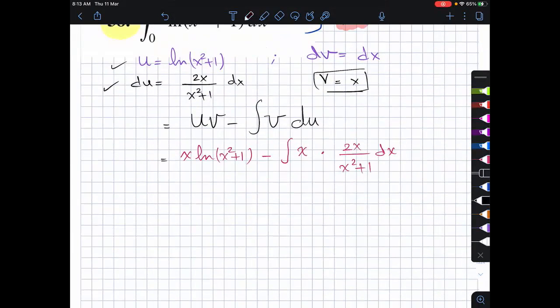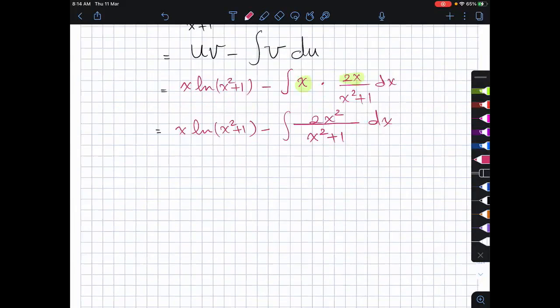As you see here, we have x ln(x squared plus 1) minus the integral of 2x squared over x squared plus 1 dx, because multiplying x by 2x gives 2x squared.